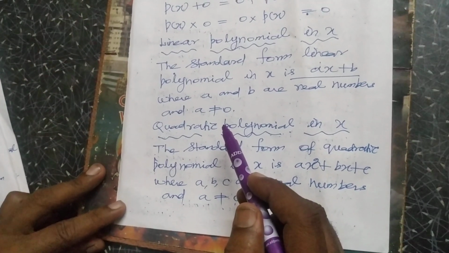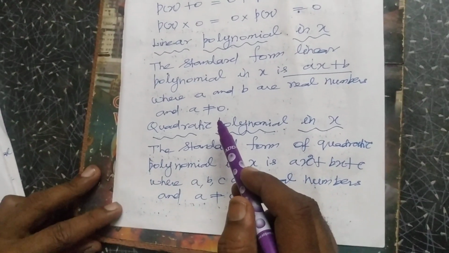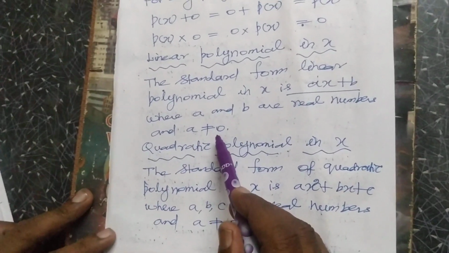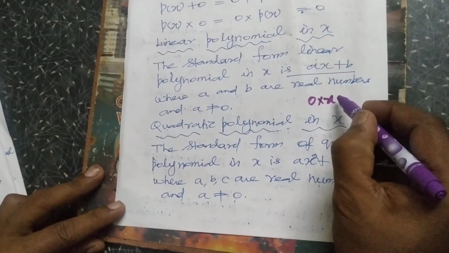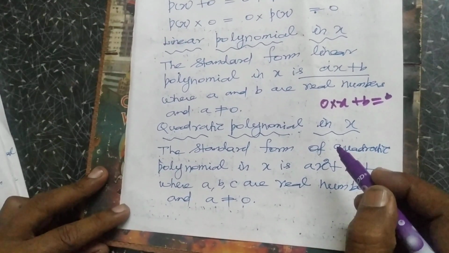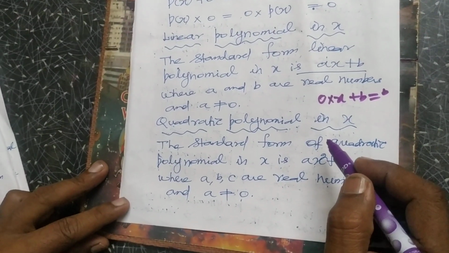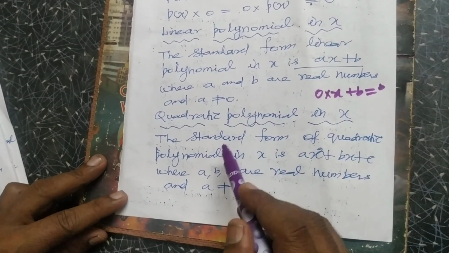If the degree of the polynomial is 1, such a polynomial is known as a linear polynomial. Why here a not equal to 0? If a is 0, 0 into x plus b will be b. It will be a constant polynomial. It won't be a linear polynomial. That is why a should not be 0.